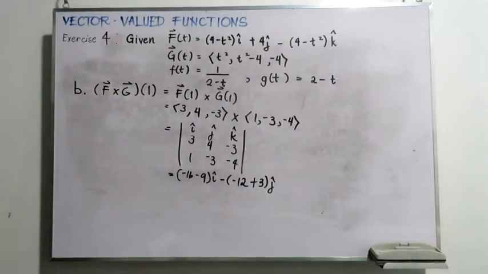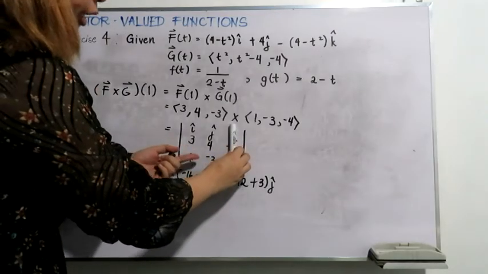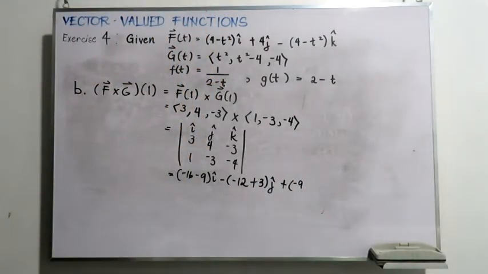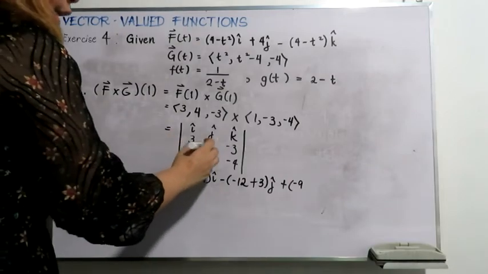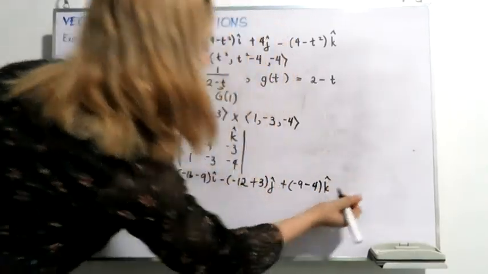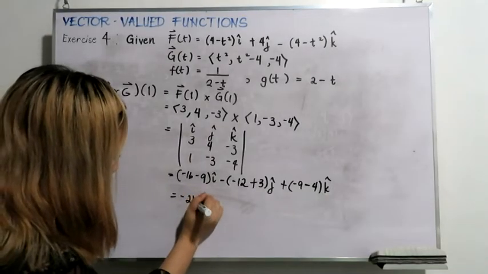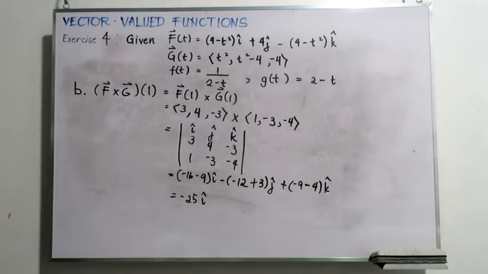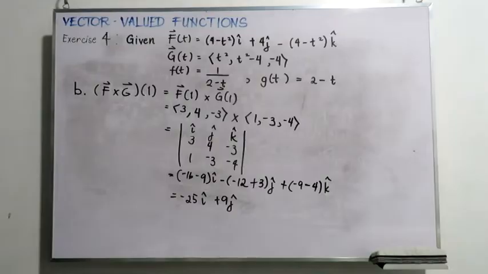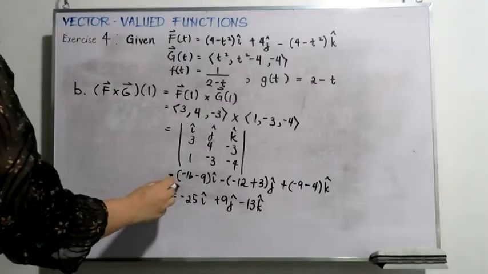And lastly, for the k hat component, we can obtain it by multiplying 3 times negative 3, which is negative 9, plus, minus 1 times 4, which is minus 4, k hat. Simplifying this, we have negative 25 i hat plus 9 j hat minus 13 k hat. And this is the final answer.